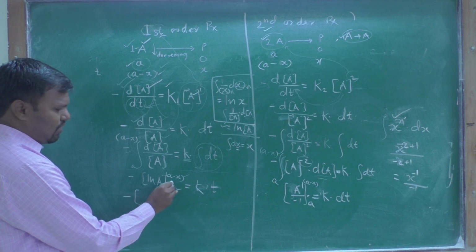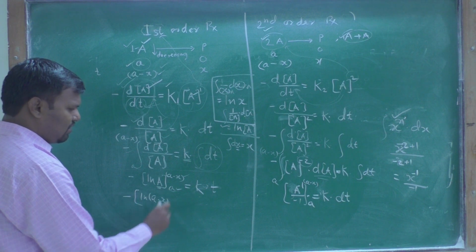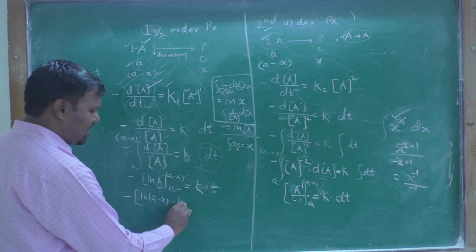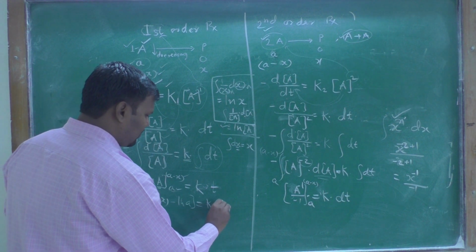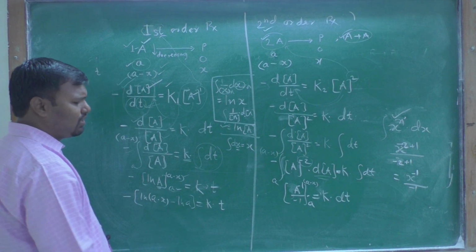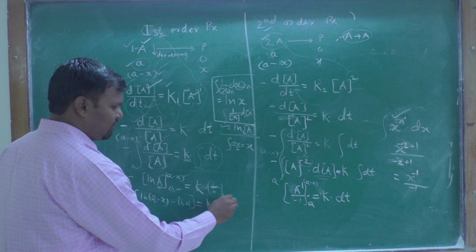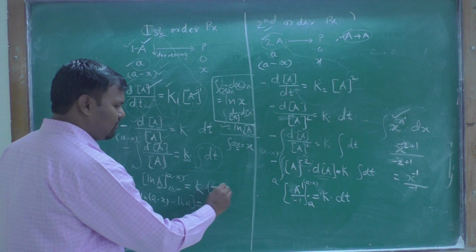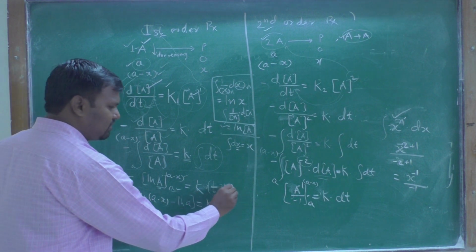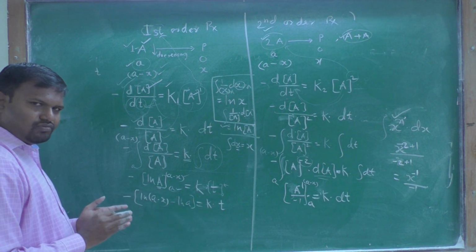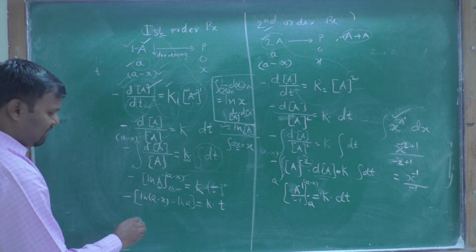In a we put the initial quantity: ln a minus x minus initial quantity ln a is equal to k into t. For t, initial is 0 and final is some value we call t. Therefore 0 to t is t minus 0 is equal to t. Therefore we do not take it into consideration, directly written as t.